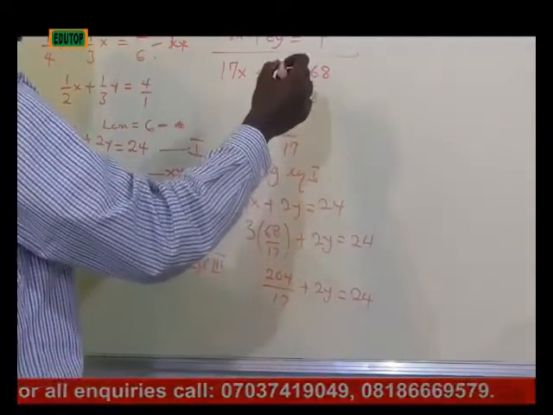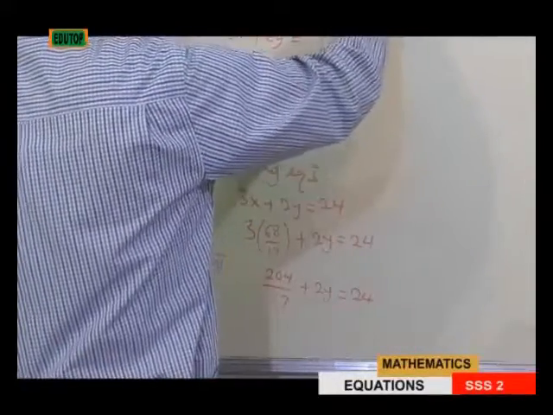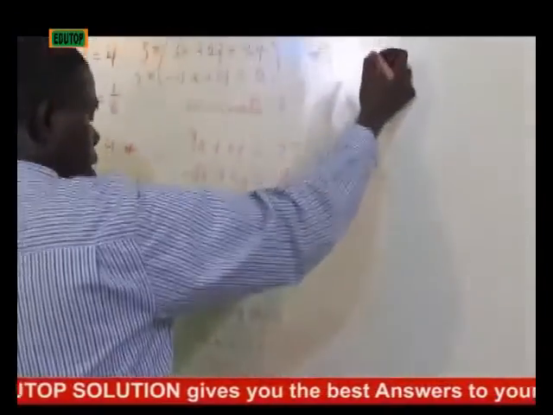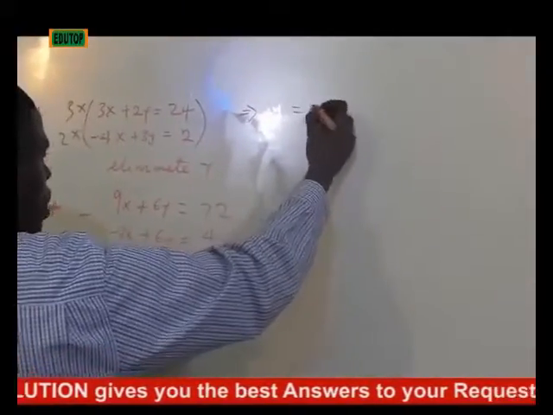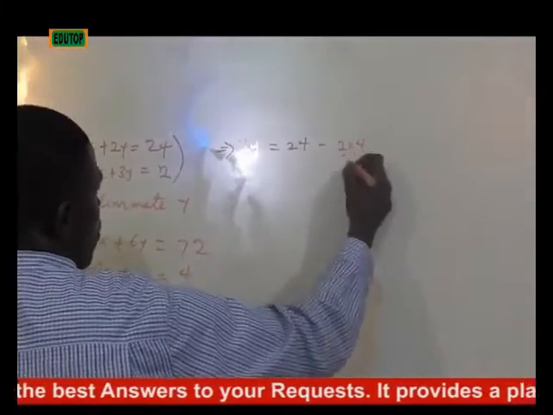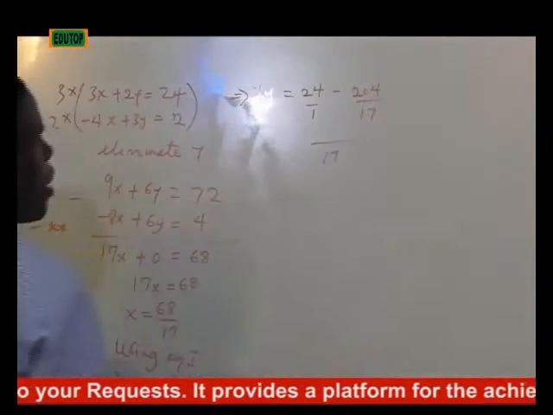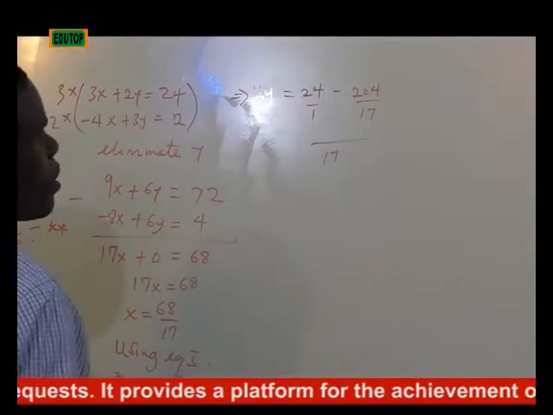Since my interest is to calculate my y, I have 2y equals 24 minus 204 over 17. Now 17 is the LCM here.